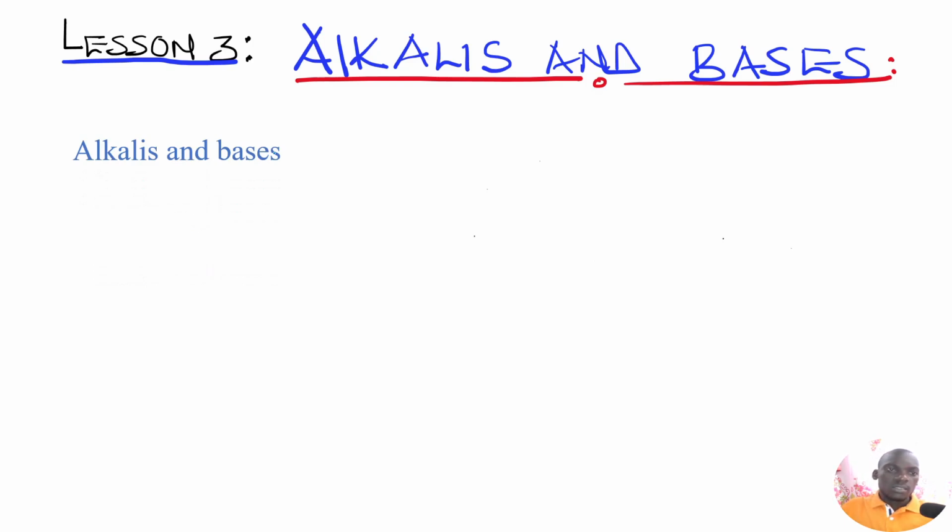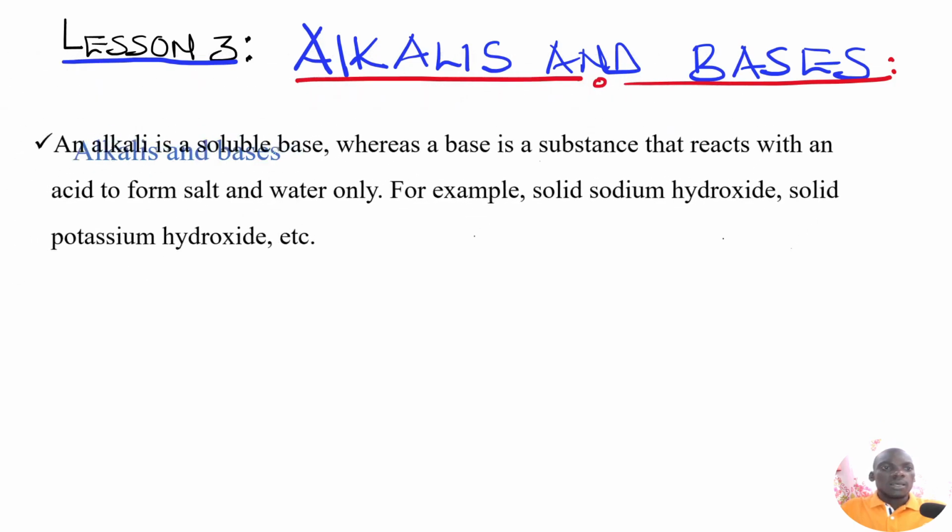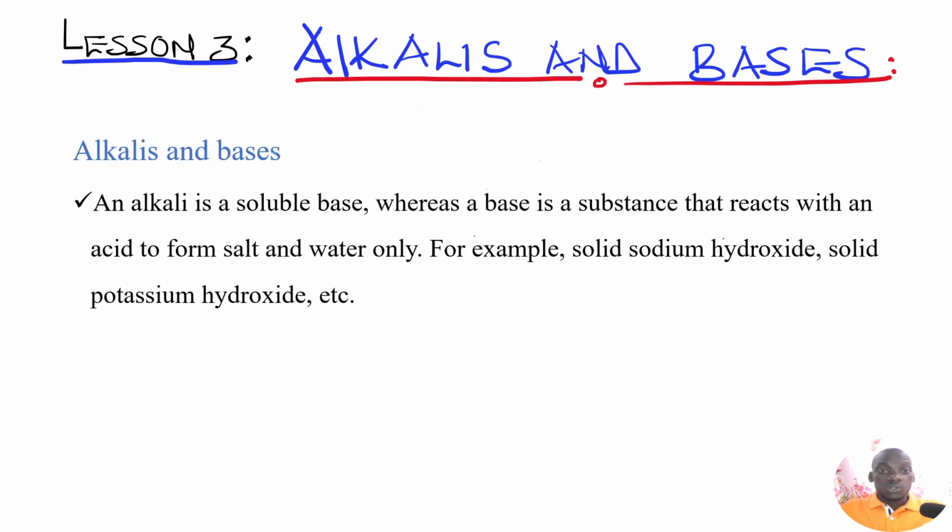What is an alkali, or what is a base, and how are these two related, or what is the difference between them? We are saying that an alkali is a soluble base, meaning that any base that dissolves in water forms a solution of the base, which we call the alkali.